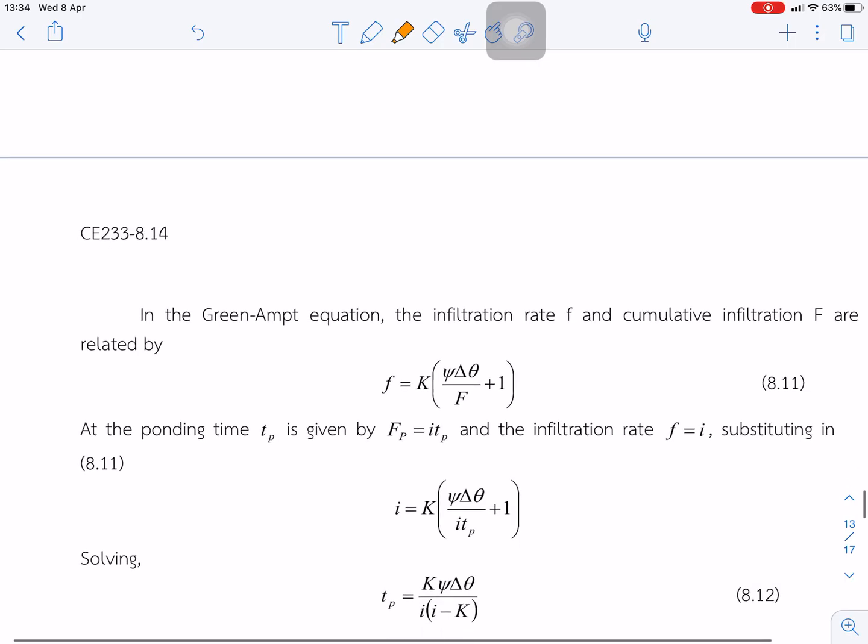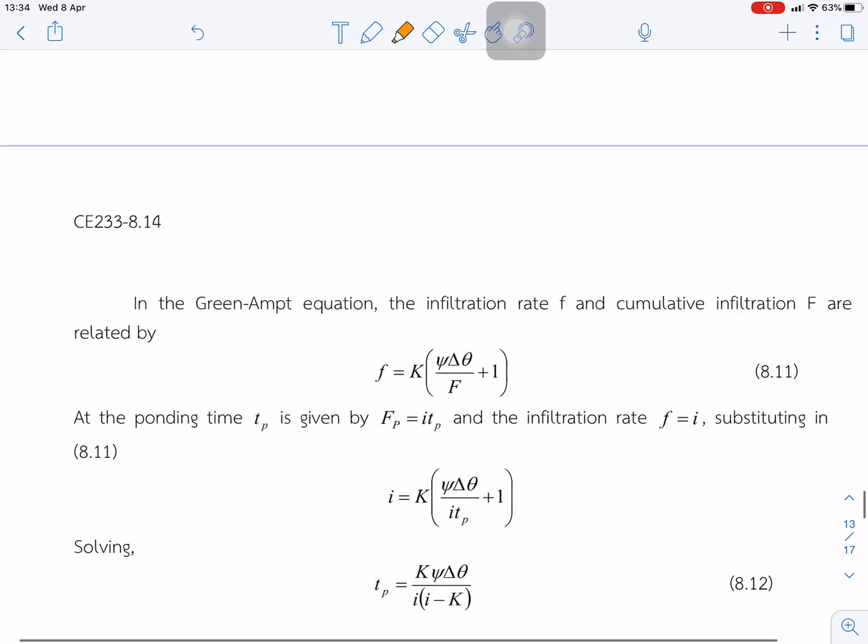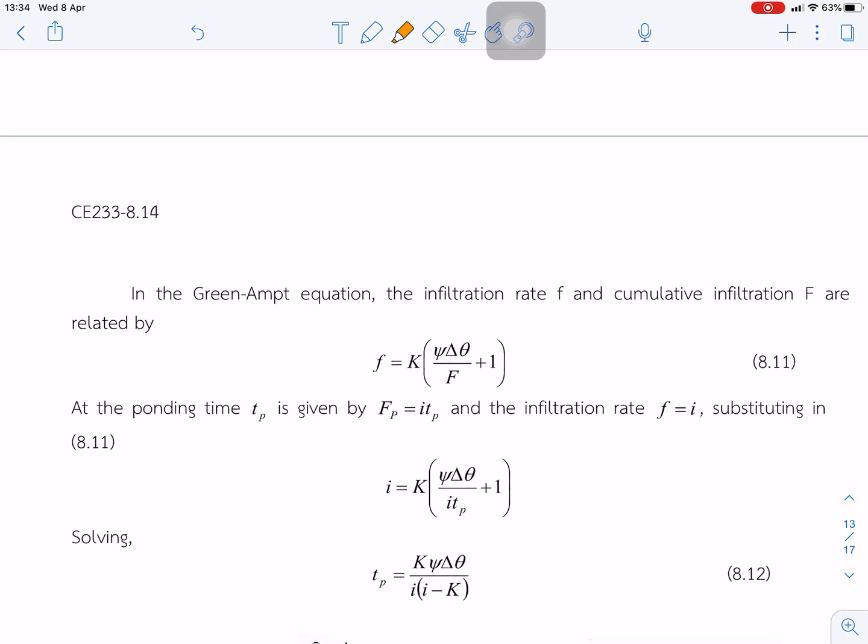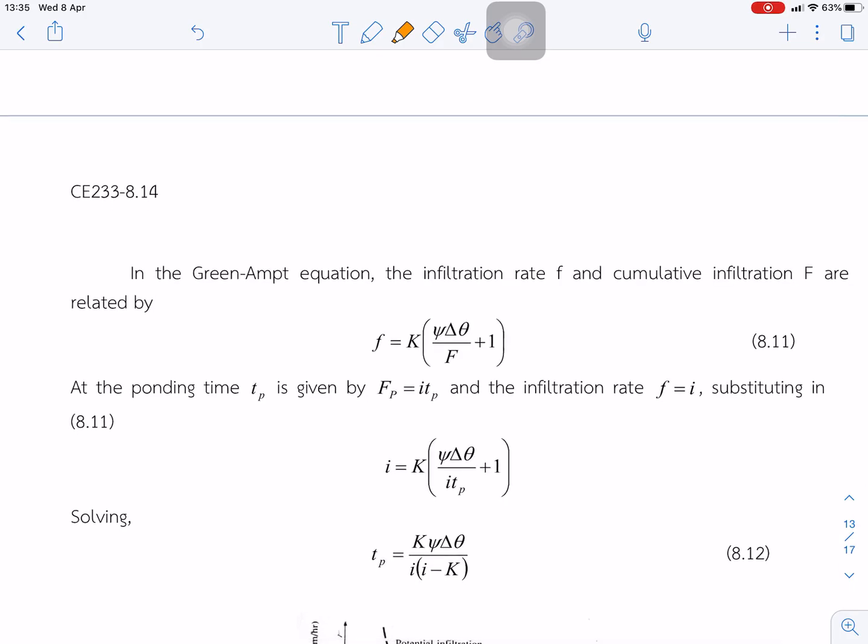And for the Green-Ampt equation, we can use this equation to represent the ponding time period, because at the ponding time, the accumulated depth of infiltration is rainfall intensity times tp, and infiltration rate is equal to rainfall.